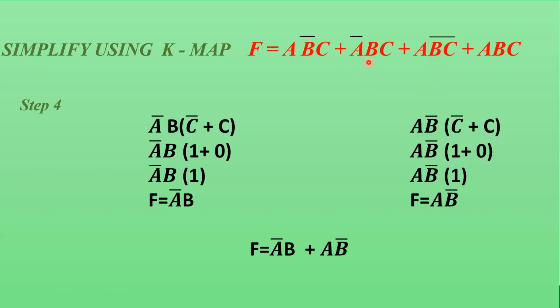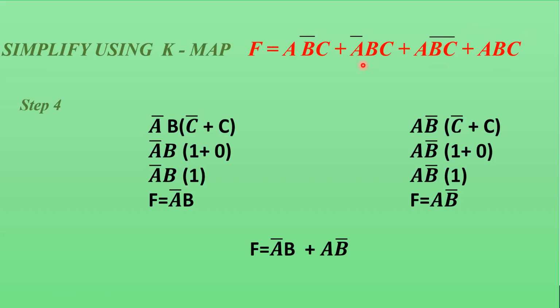And move to group 2. And group 2 contains the gates second and fourth. According to this, A complement B is common. Here also A complement was there, skipped. A complement and B is common. Okay, I made a mistake here by accident, I missed it.